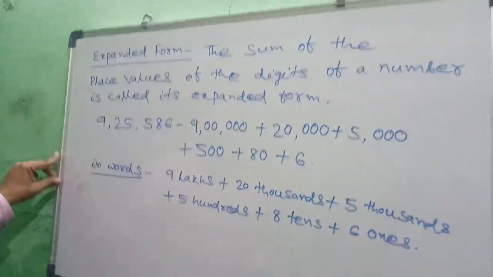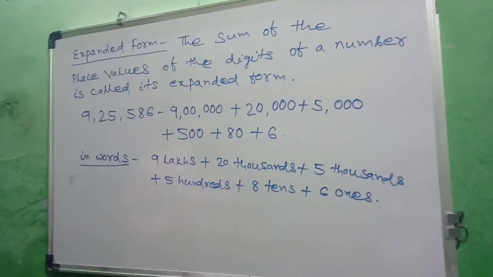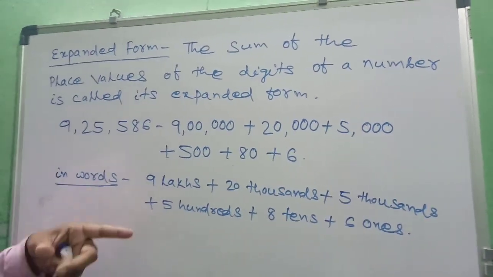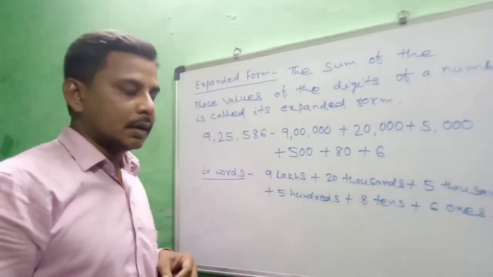Okay, in this way we can write it in words. And when we add all the place values, then what we will get? We will get the number itself. Okay.